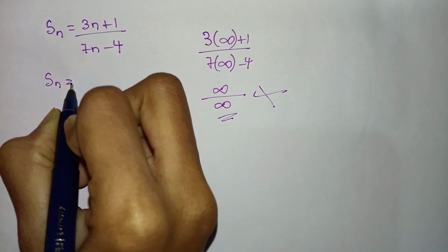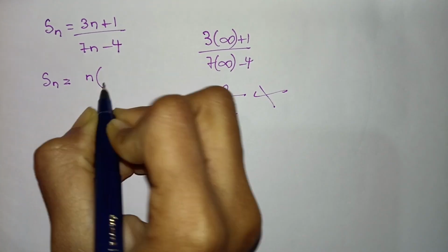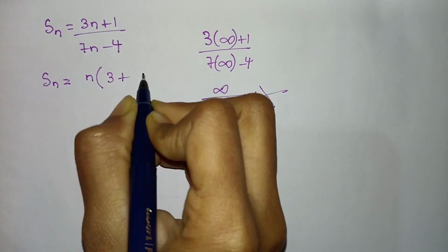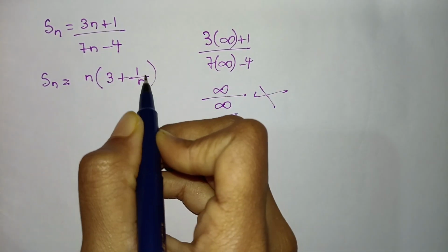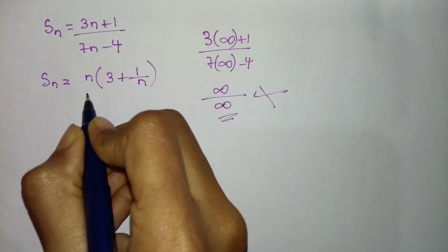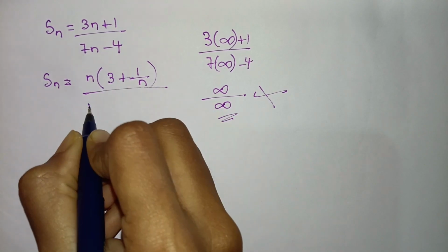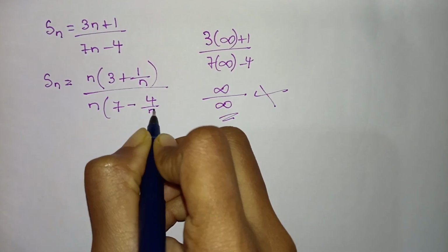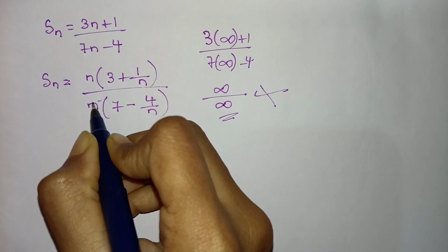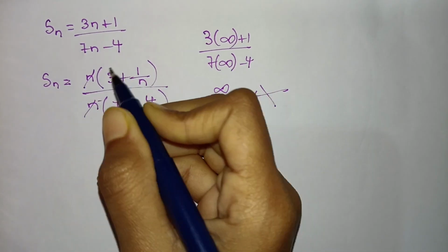Sn equal to n into (3 plus 1 by n), because if we cancel n and n, we'll get 1 as it is. Again in the denominator also, n into (7 minus 4 by n). And here we can cancel n and n in the numerator and denominator.